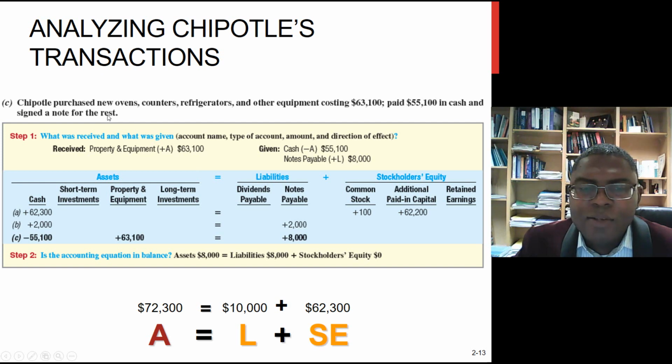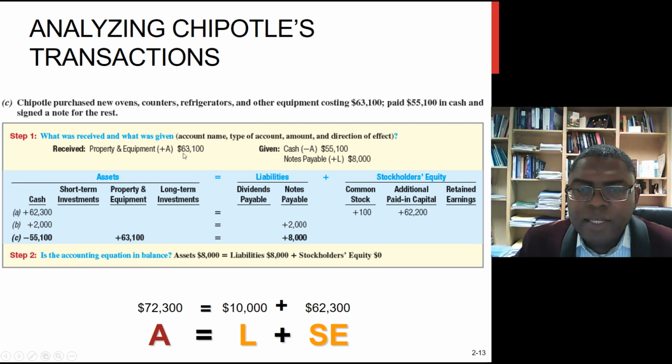So what are the accounts that are affected? So clearly property and equipment is being affected. Property and equipment account is increasing. Those are assets. So property and equipment will include the new ovens, the counters, the refrigerators, and other equipment, and the value is 63,100.